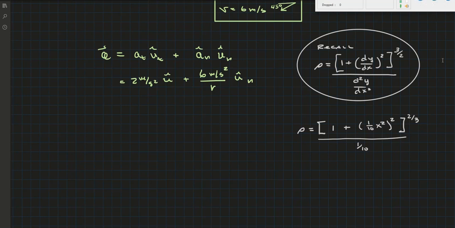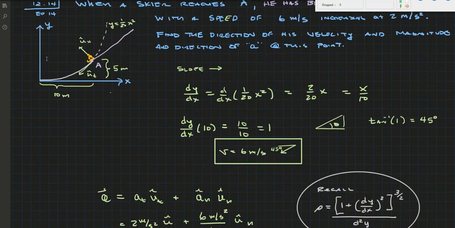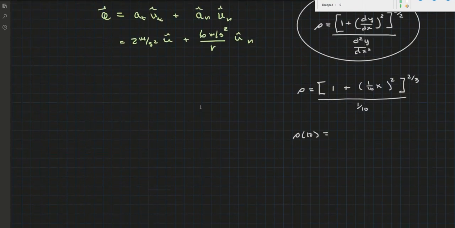Not squared, but just 1/10 x. And the quantity squared, raised to the power of 3/2, divided by the second derivative of this. So the second derivative is just 1/10. And we want to solve this when x equals 10, given in our problem. Plugging that in, you're going to end up with 28.28 meters as radius of curvature.